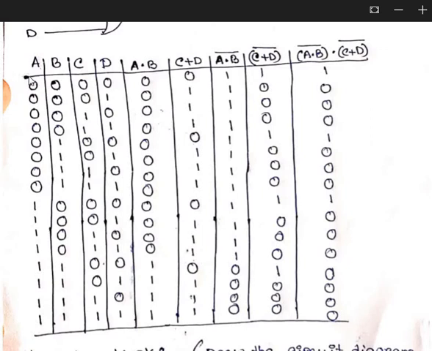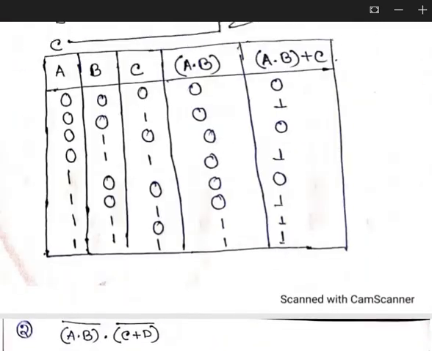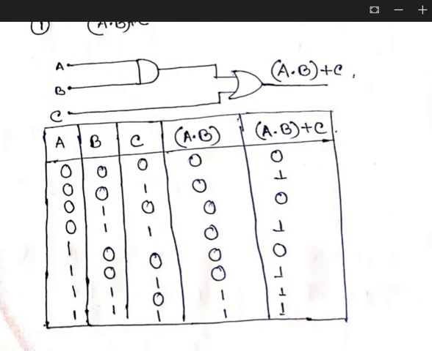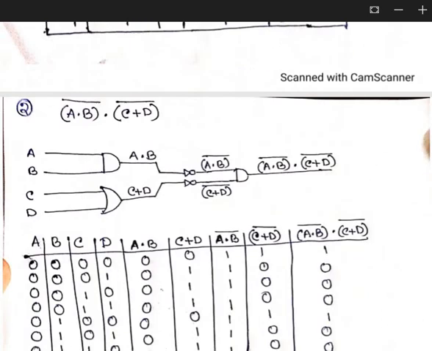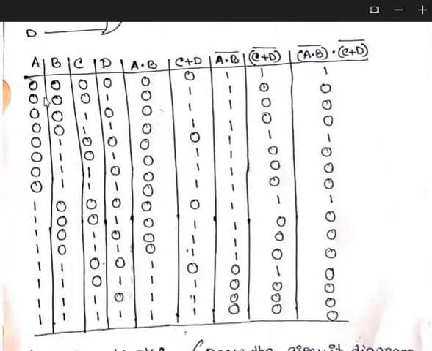I think I am clear. So in 3 input, it was the binary combination of 0 to 7, as 2 to the power 3 is equal to 8. So I will write the binary combination of 0 to 7. Now here it is 15, so I have written the binary value of 0 to 15.